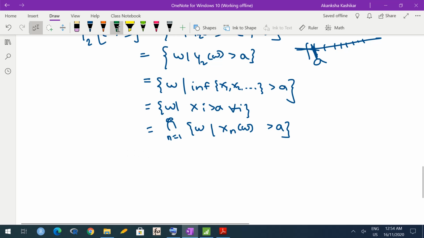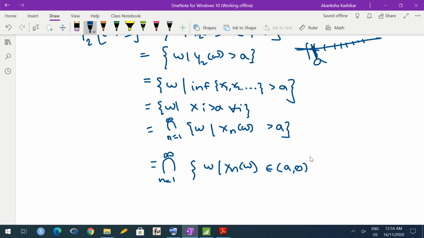Okay, let me write it down. So this is actually intersection over n going from 1 to infinity of the set of all omega such that Xn omega belongs to A to infinity. So this is the same as saying it is intersection over n going from 1 to infinity of Xn inverse of A to infinity.